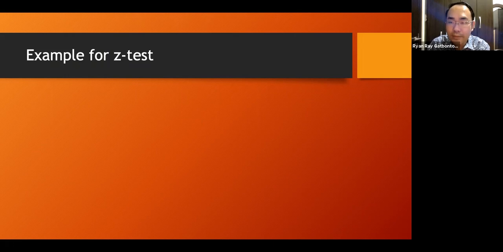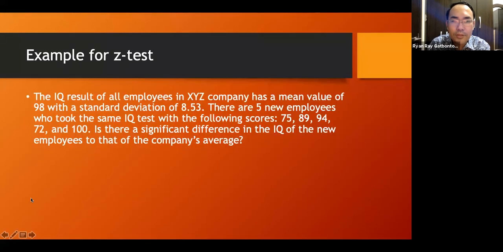And to see if there's a significant difference between the sample mean and the population mean. So let's look at this example. In this problem, the IQ results of all employees in XYZ company have a mean value of 98 with a standard deviation of 8.53.